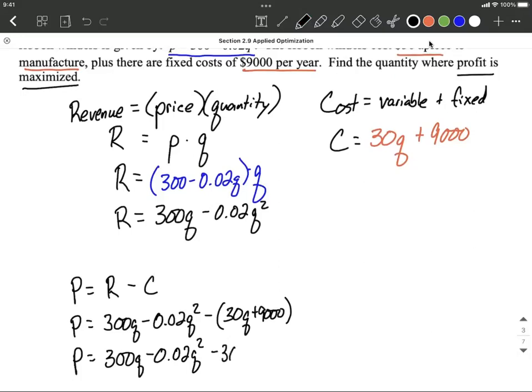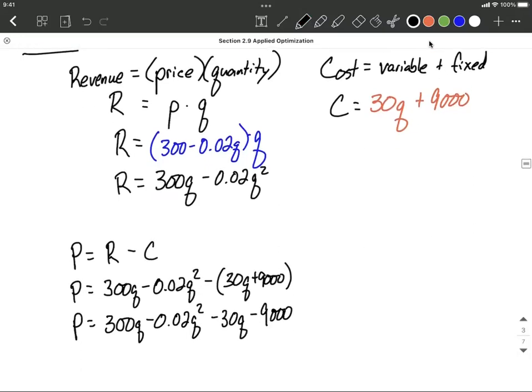So minus 30Q minus 9,000. So our profit function is going to be given by, combine some like terms here, maybe we put the negative 0.02Q squared out in front, plus 270Q minus 9,000, combining those like terms with Q to the first power.